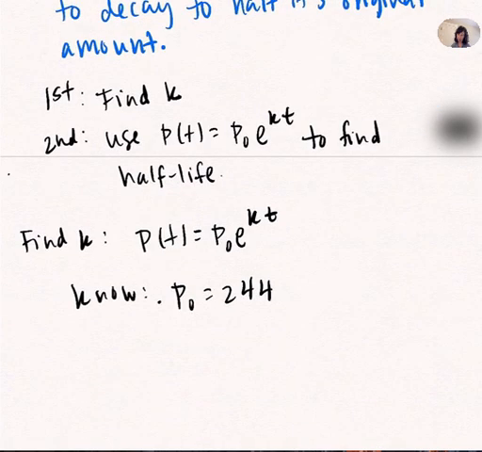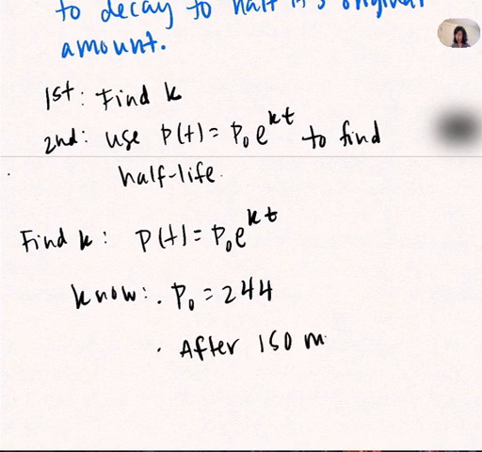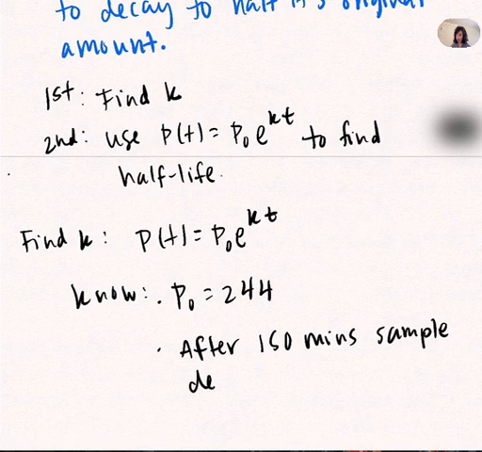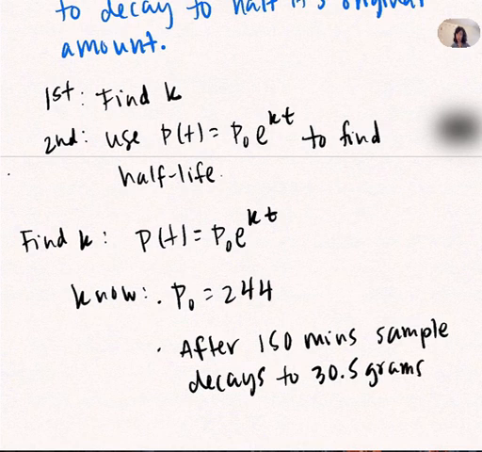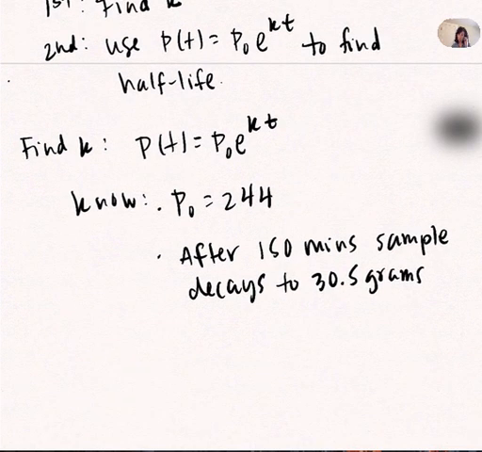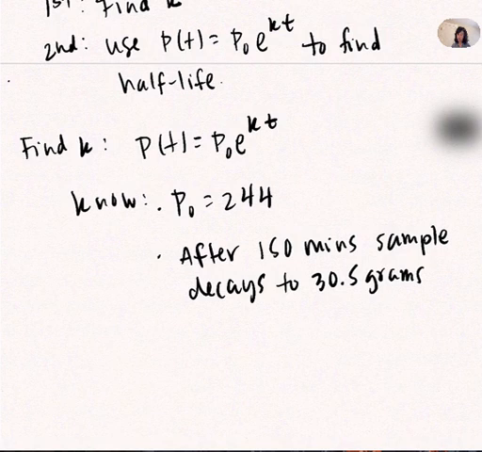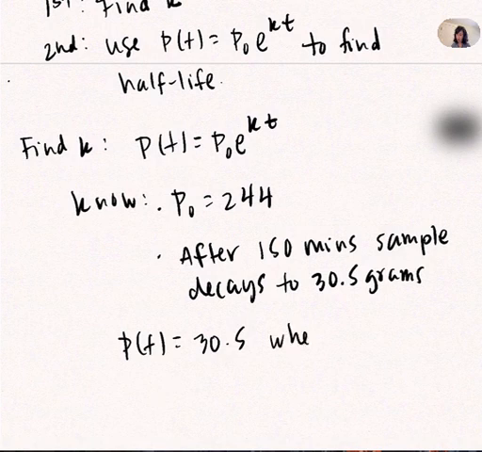Now, mathematically, if we were to write this in equation form, that would be the following. P of t is equal to 30.5 when t equals 150.